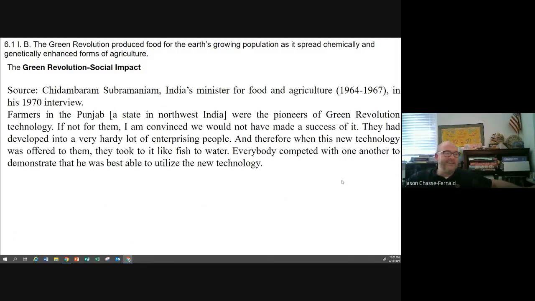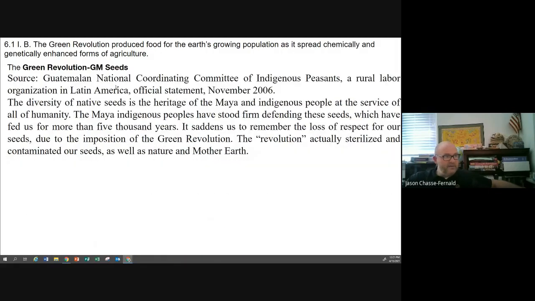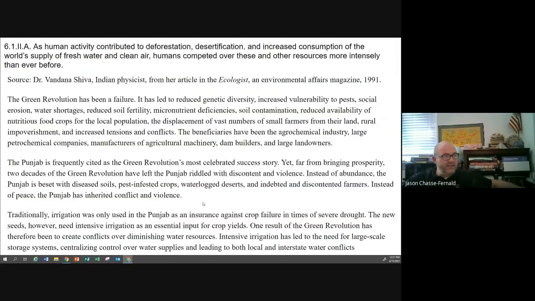But obviously, Green Revolution tech is used around the world. Today, the entire world is dependent on this. Here's a good one on social effects, which is always a great angle to be aware of. And Guatemala, so we're seeing a Latin American connection on that document.